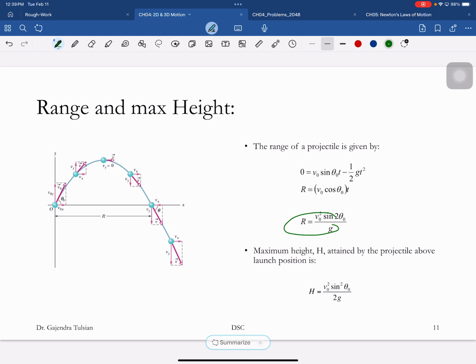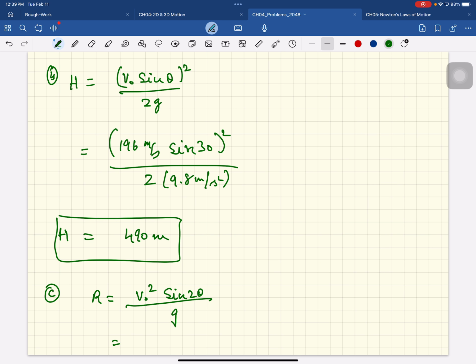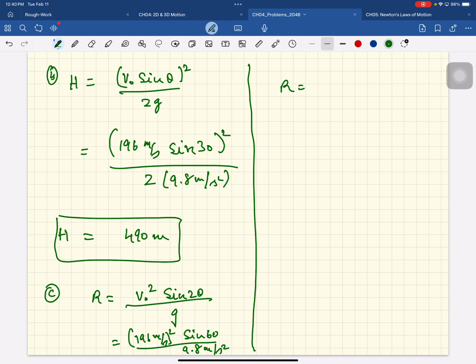So there's the range formula: 196 squared times sine 60 over g. So that's 3.4 kilometers, which is a little over 2 miles. 1.6 kilometers is a mile.